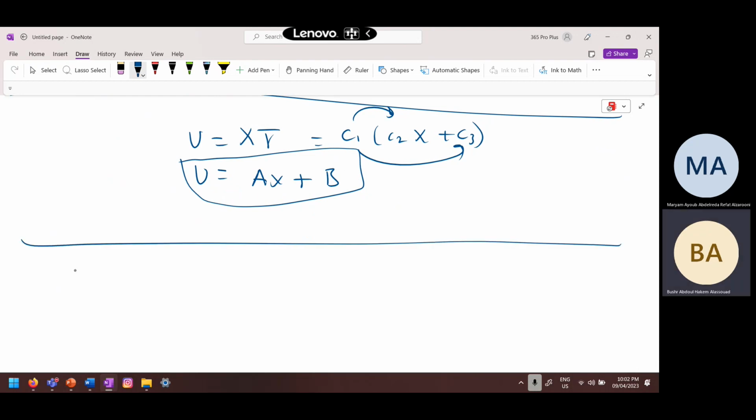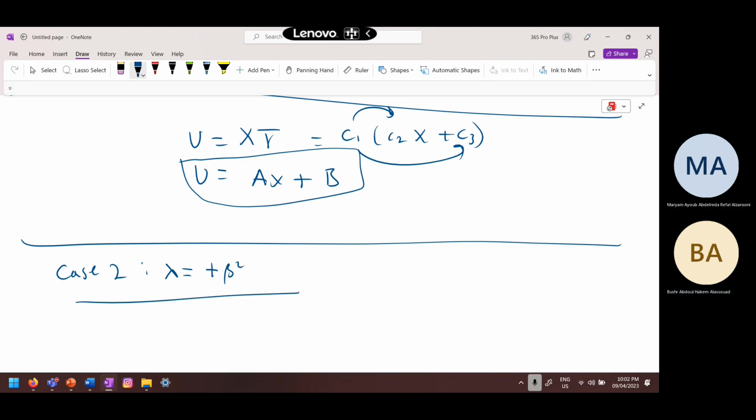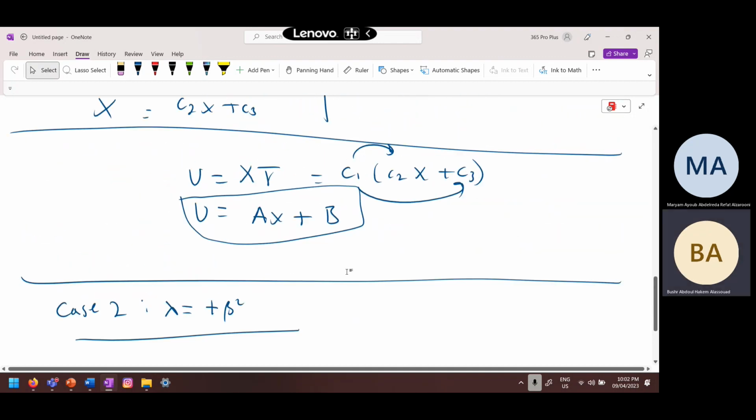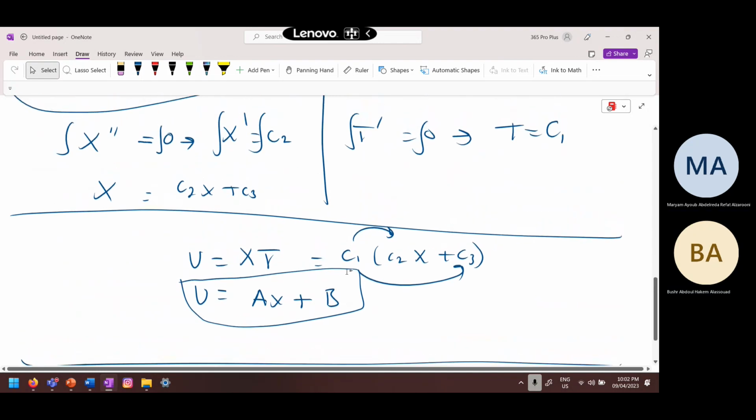The second solution, case 2, lambda is equal to positive beta square. So you'll get, just a minute, I have my notes with me.